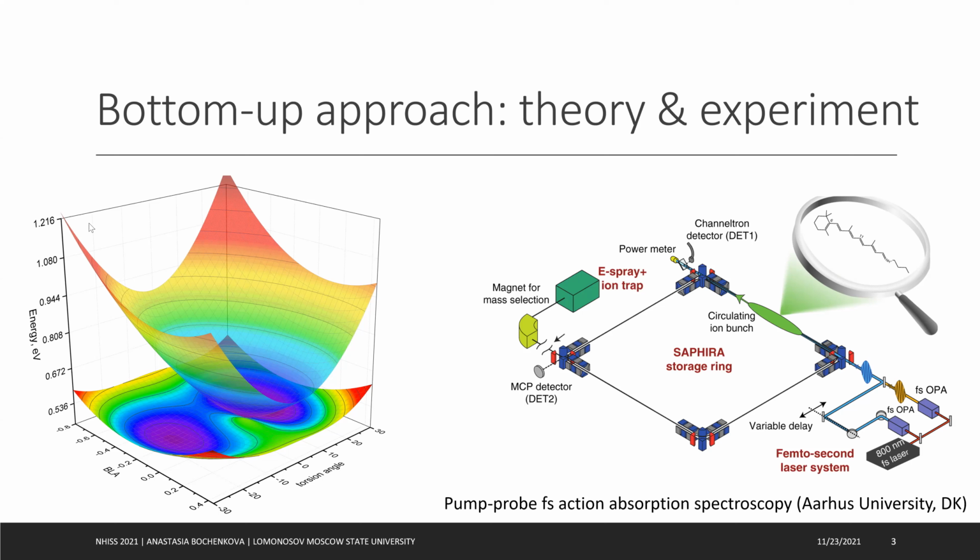Okay, and on the theoretical side, we construct and analyze potential energy surfaces, and we use quite a high level of quantum chemistry to do this. We do not do dynamics like Massimo, but for now we just make these static pictures and study the mechanisms by looking at the potential energy surfaces obtained with a very high level of theory.